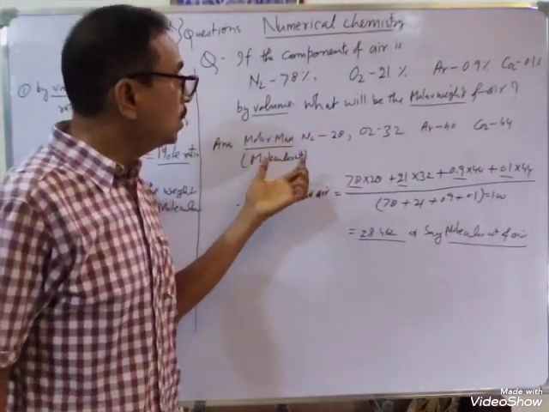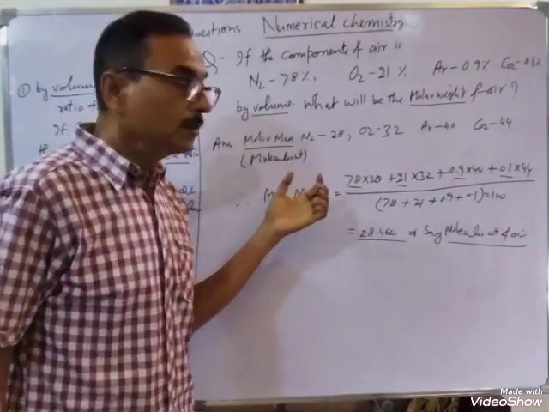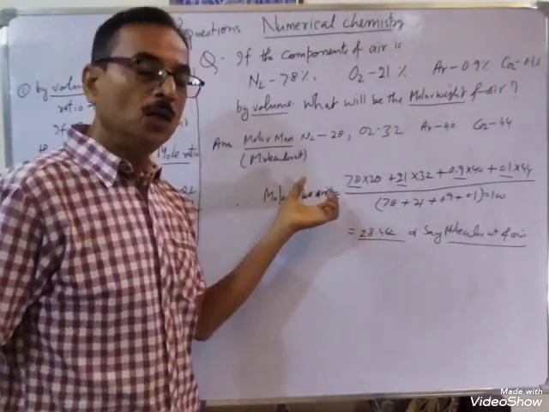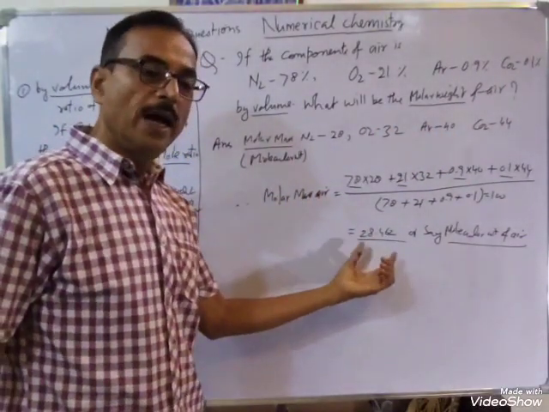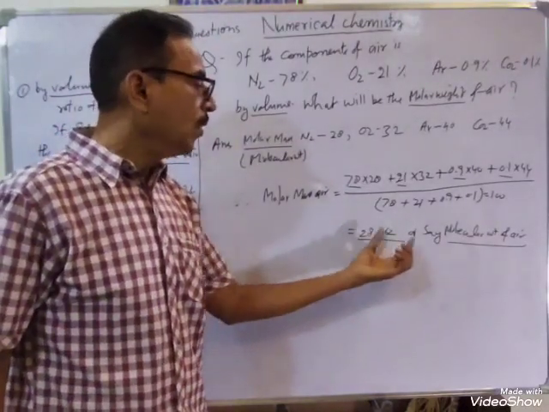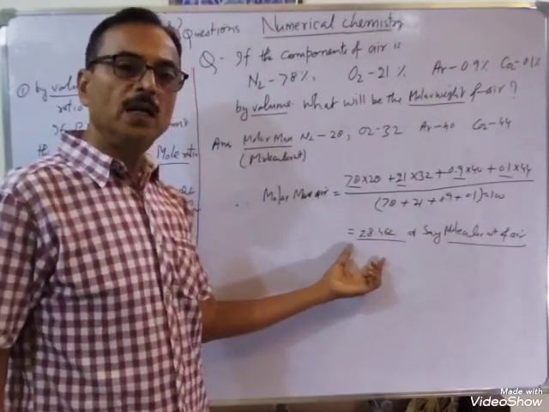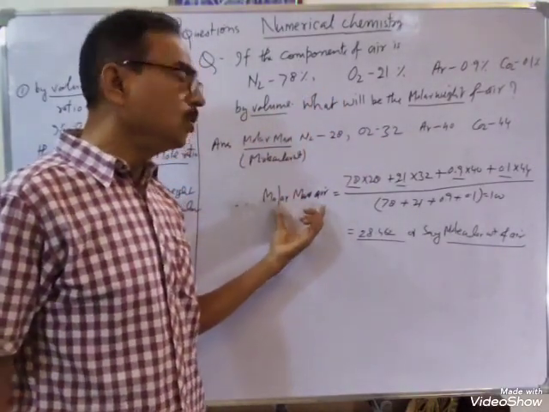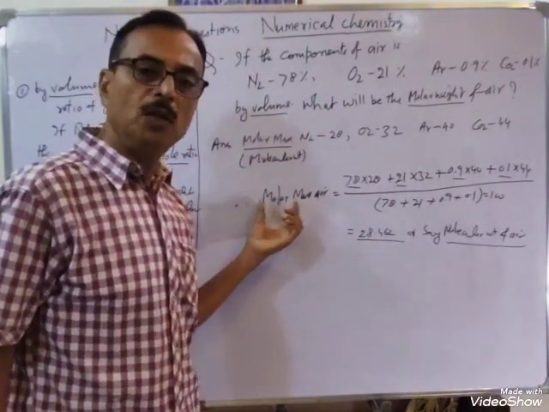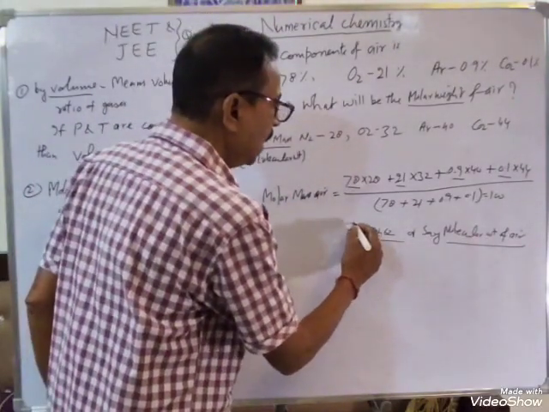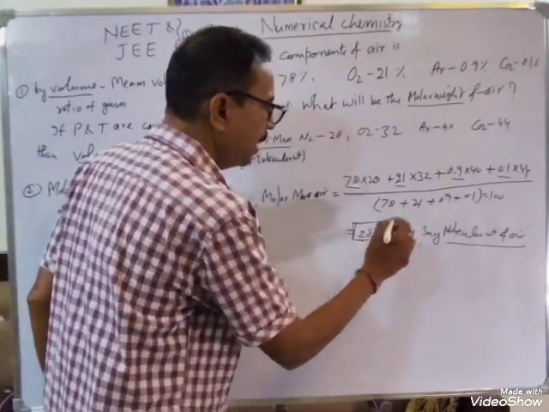In questions, sometimes the molar mass of air is not given, so remember, if not given, you directly apply this molecular weight or molar mass of air. In the previous question, we saw there was no information about the molar mass of air. So this is standard and you may remember it.